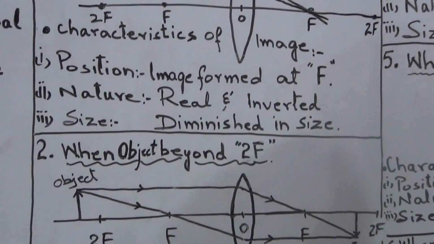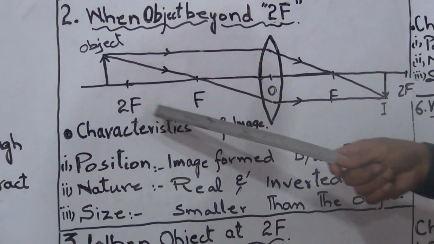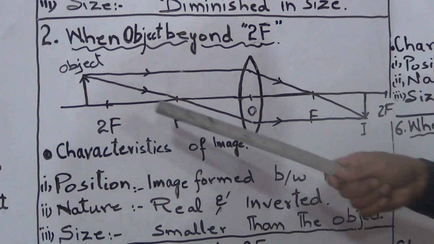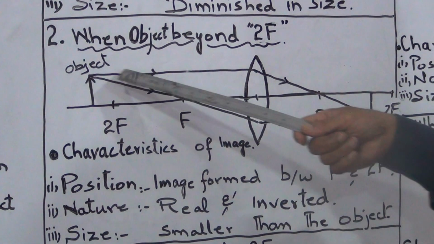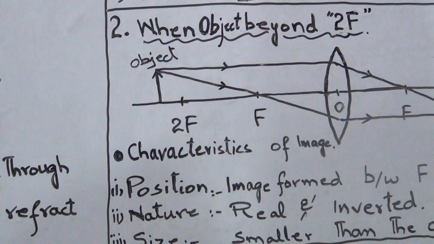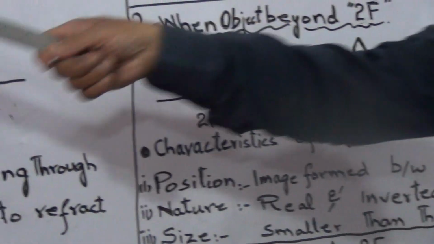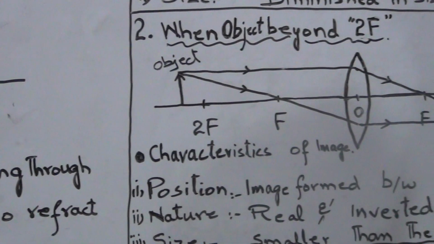Now the object is brought near to the lens, first of all placed beyond 2F. Beyond 2F, two rays: one parallel to the principal axis as the first rule, and the second passing through the principal focus, second rule. We will make the images by adopting these rules.